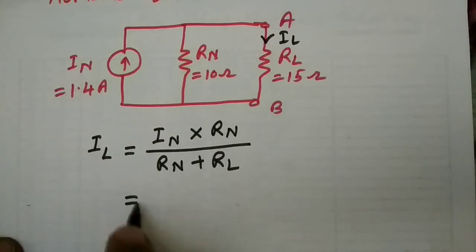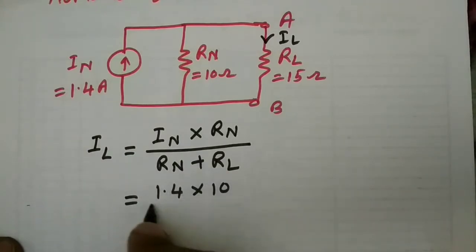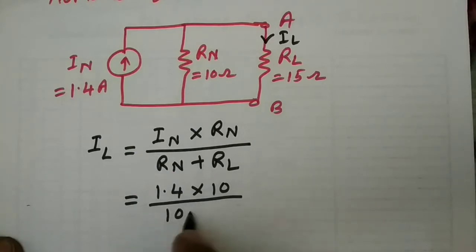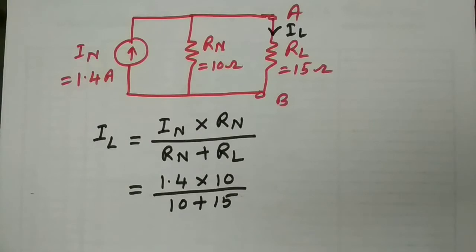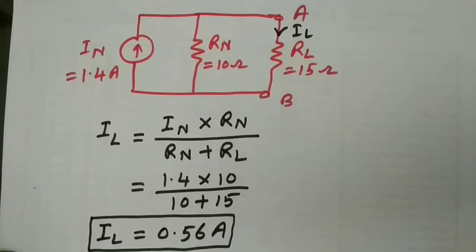Here the value of IL is 1.4, RN is 10 upon 10 plus 15. So if we solve, we will get the value of IL as 0.56 ampere. So this is our final answer. The current through 15 ohm resistance using Norton equivalent circuit.